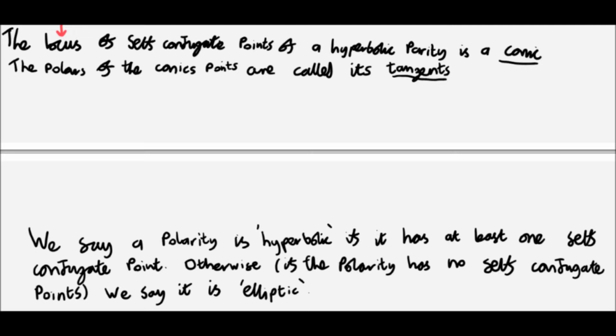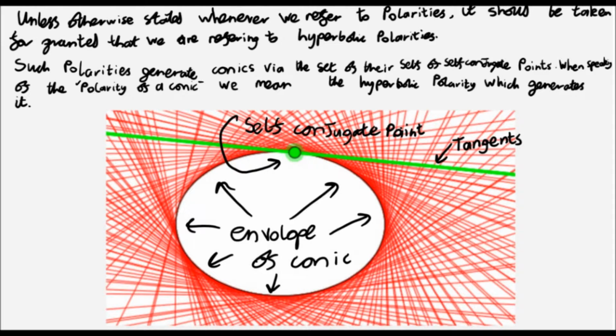The kind of dual to these points which form the conic are the lines which are tangential to the conic. Because in projective geometry lines and points have the same kind of footing, we can equally think of a conic as being generated by an envelope of tangential lines.